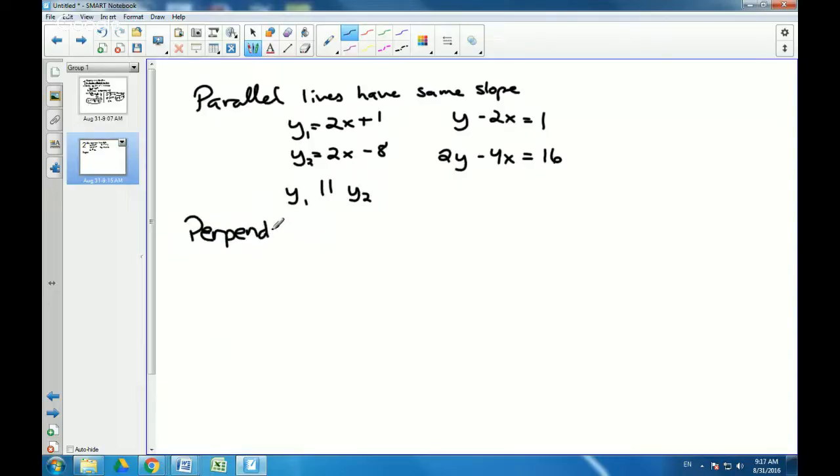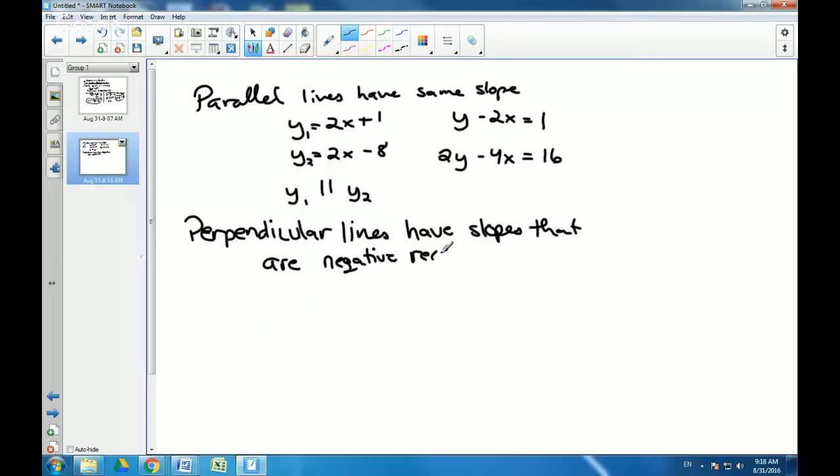Perpendicular lines have slopes that are reciprocals.